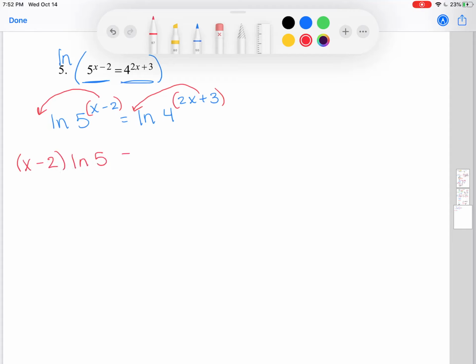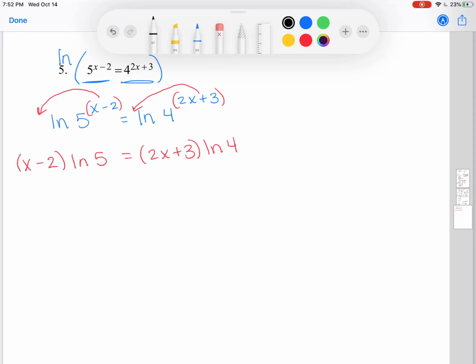Same thing with the second one. Move it to the front. That's the power rule. So when I do that, include your parentheses still, and it just gets moved to the front here. We're just rearranging this and trying to solve for x at the same time.